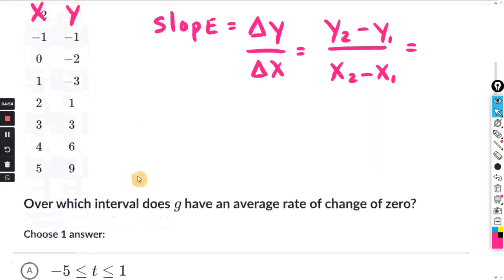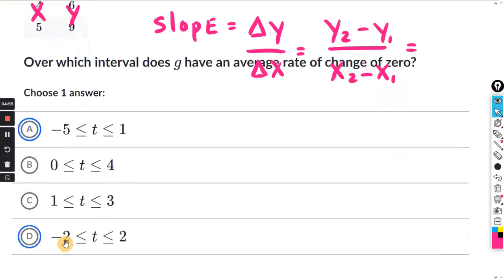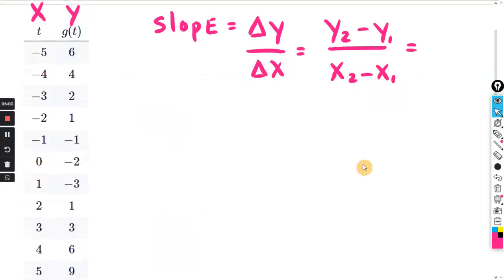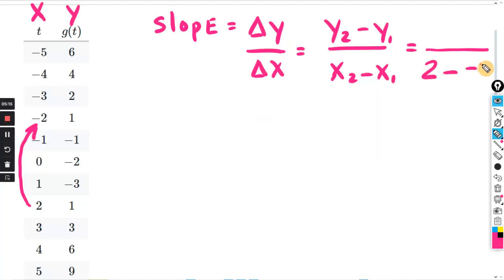All right, one more try. It's got to be answer D. This goes from -2 to 2. I will subtract going up this time. 2 minus negative 2 for the change in x, and the respective y, 1 minus 1.